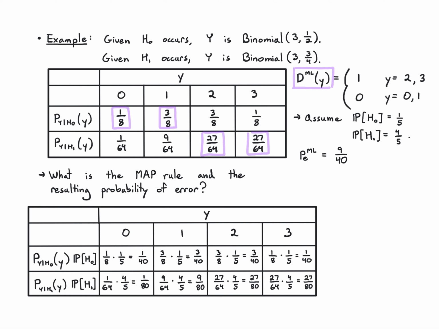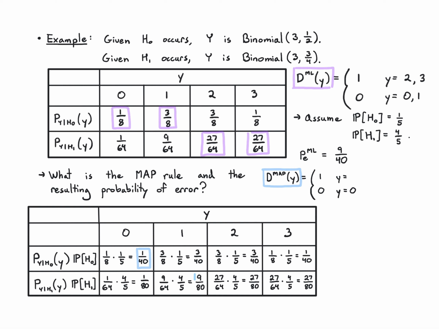Okay, so as before, what I'm going to do is just try to decide which one is larger. The MAP rule is going to pick the hypothesis which has a larger value in that column. So in the first column, I'm going to put in blue the larger value. That's going to be 1/40 instead of 1/80. So y equals 0 is going to go towards hypothesis 0.